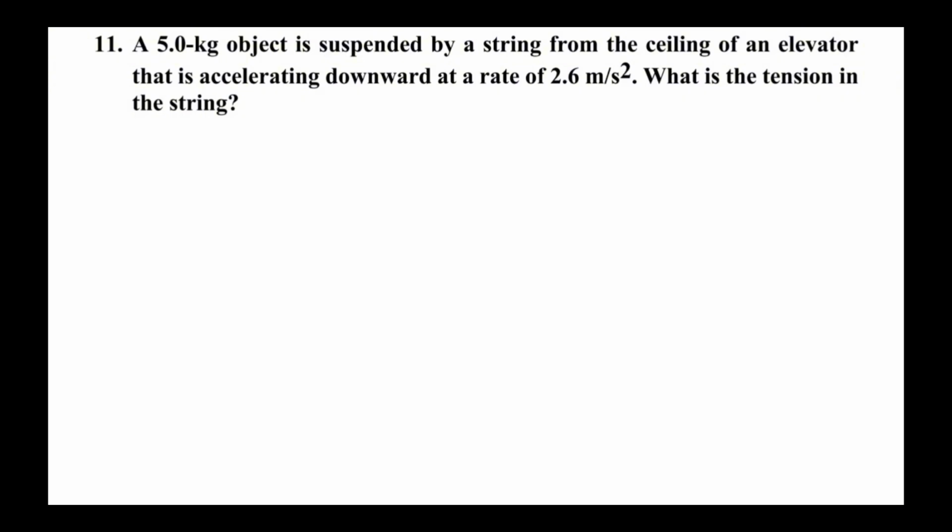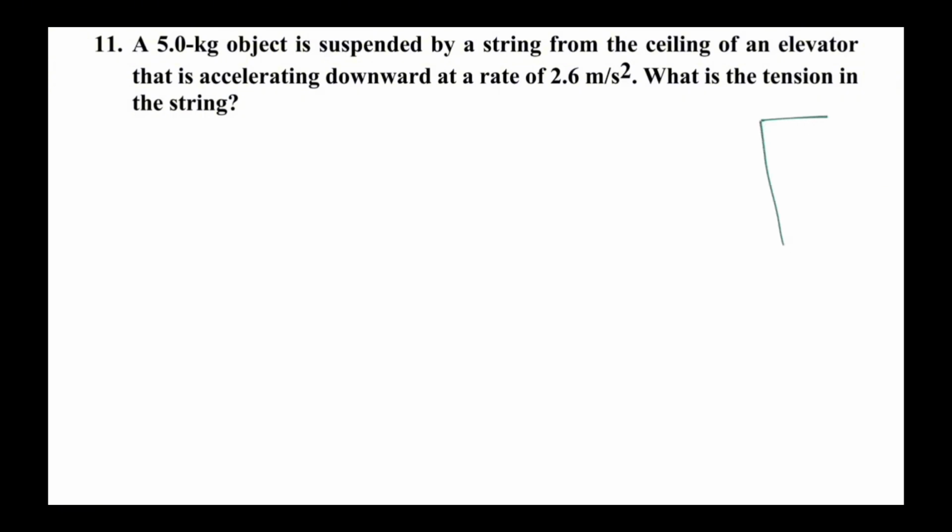A 5-kilogram object is suspended by a string from the ceiling of an elevator that is accelerating downward at a rate of 2.6 meters per second squared. What is the tension in the string? Now let's draw the situation.